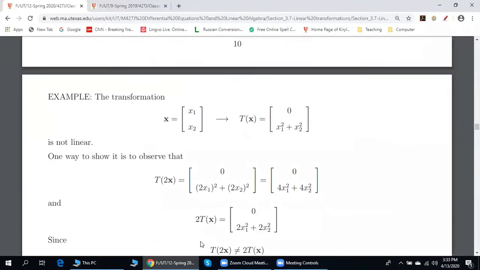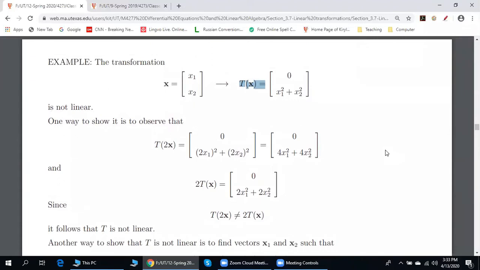Examples of nonlinear transformations. Here is x, here is T of x. One way to show that it's not linear is to observe that T of 2x is this, because we replace x1, x2 by 2x1, 2x2, and expand parentheses.